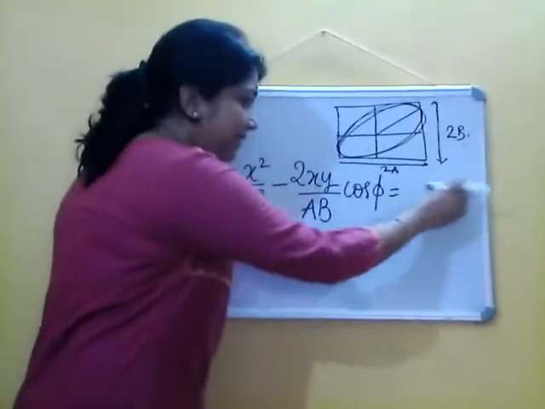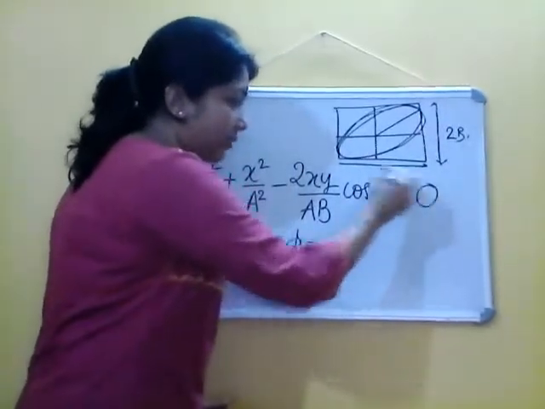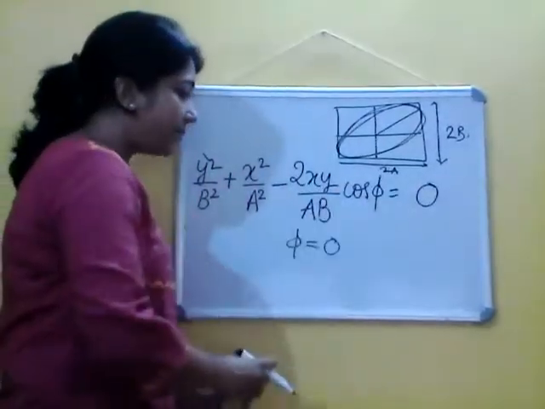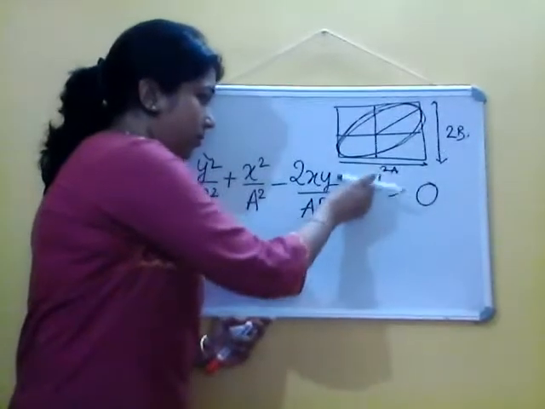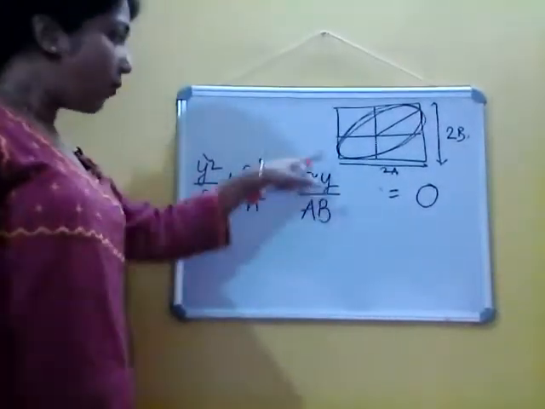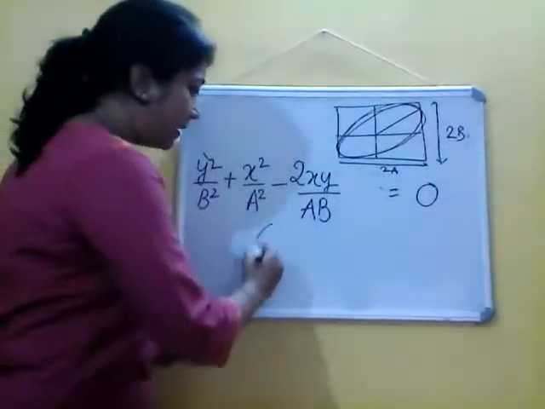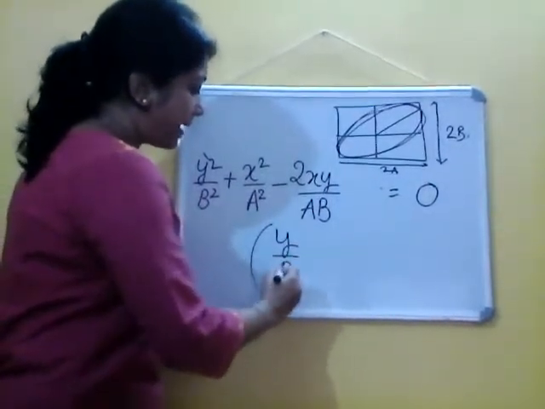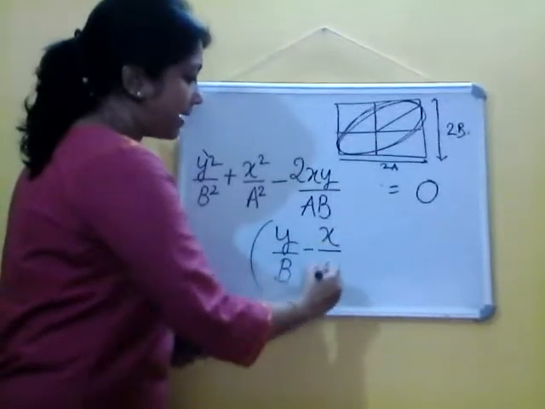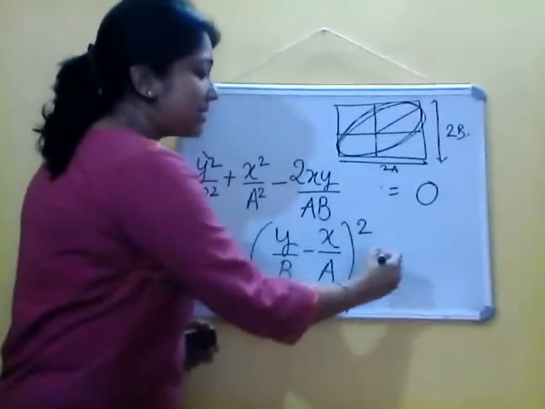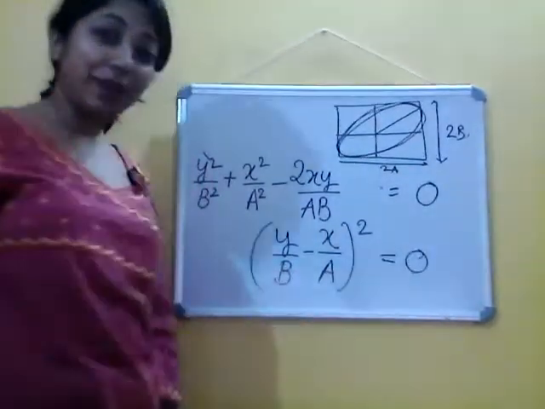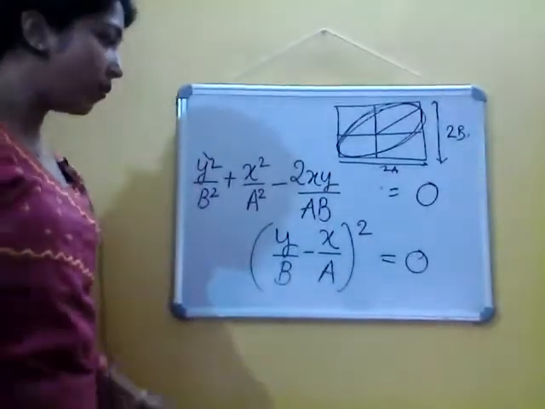Then I will have the right hand side as 0 and cos phi will be 1. So I will have this. Now what are we seeing in the left hand side? This is nothing but y by b minus x by a whole square is equal to 0. Am I right?